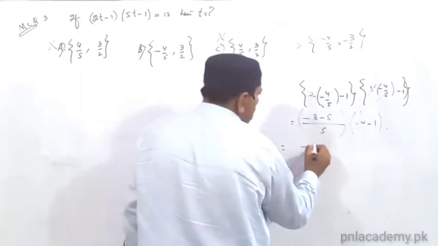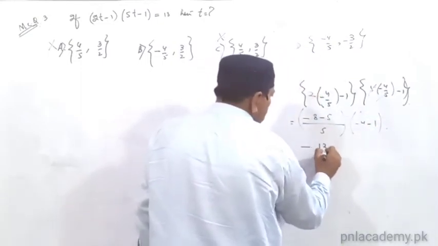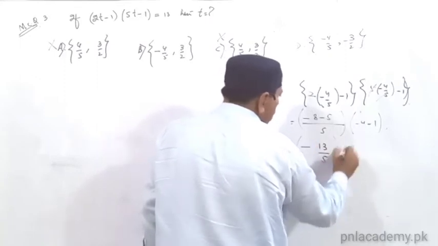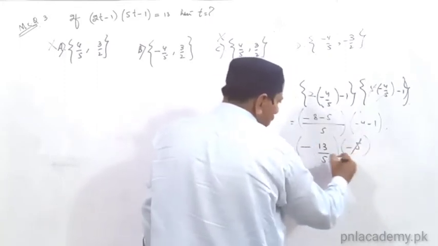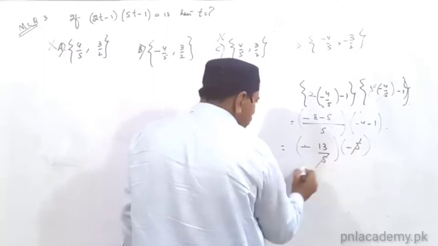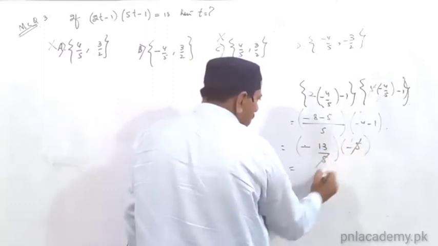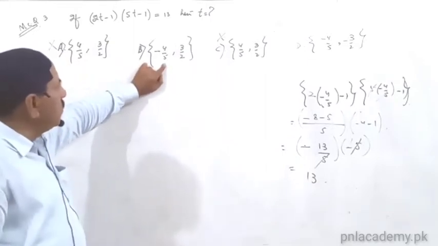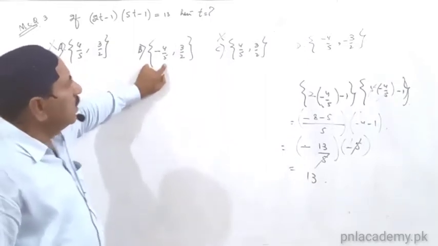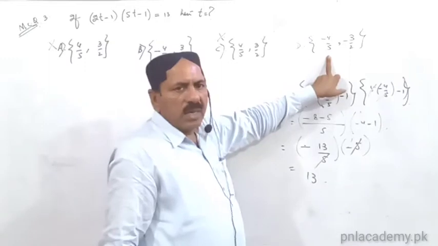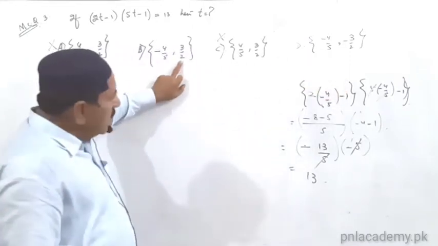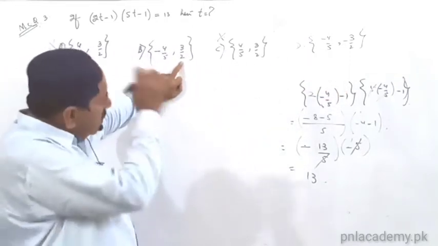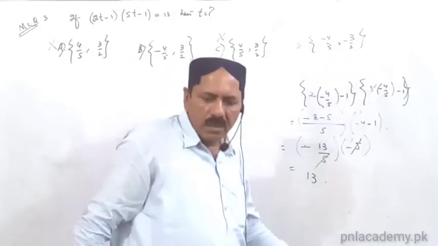This will be minus 13 upon 5 into minus 5, 5 cancel, minus minus plus, 13. So this is a correct answer. Either minus 4 upon 5 is correct or the other one is correct. So only if this is correct, then this is the option. If this is wrong, then the other is the option.